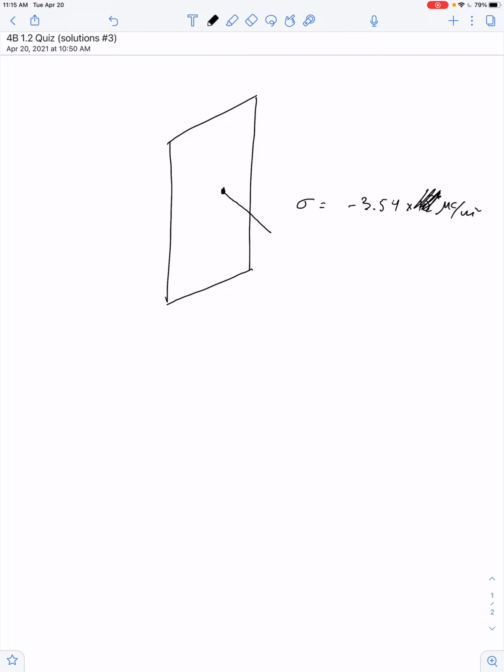There's a string attached to a small plastic bead that's suspended at an angle of 10 degrees.